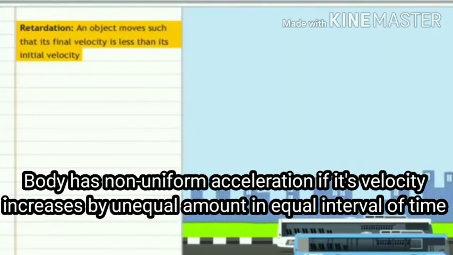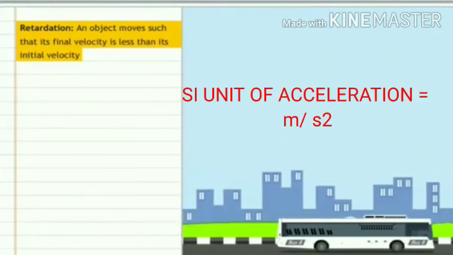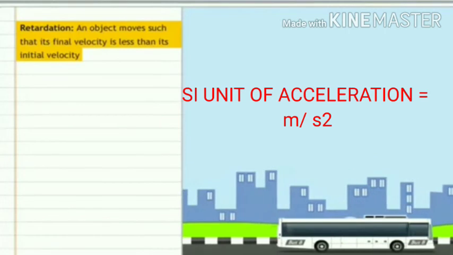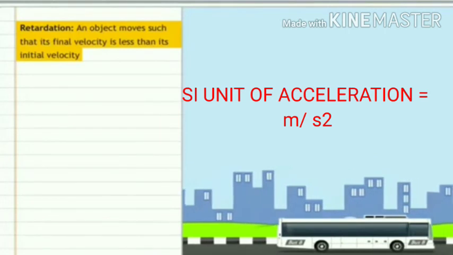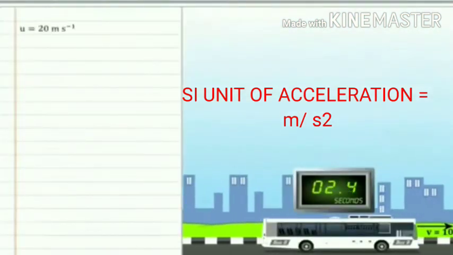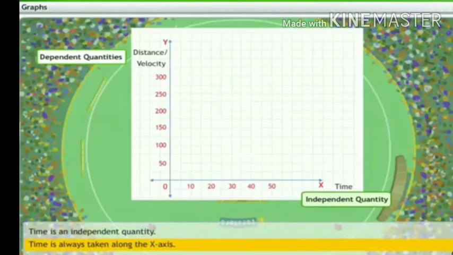When it is at rest, it is being crossed by another bus, it means that the other bus has less speed than our bus. Thus, both buses have different speeds. Here you can see its speed is changing. It has less speed.